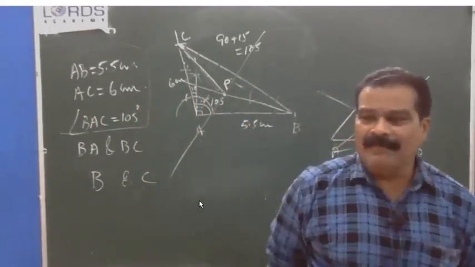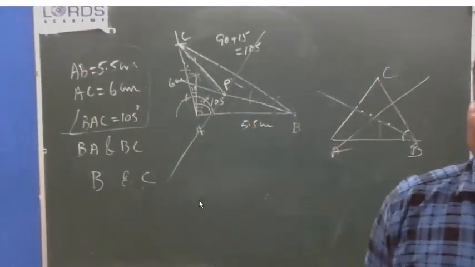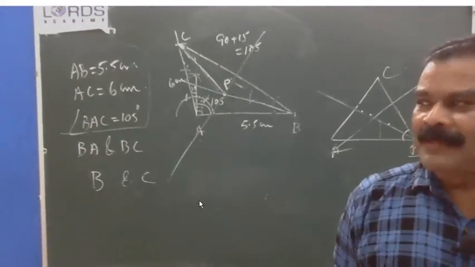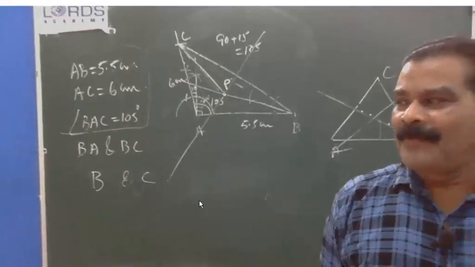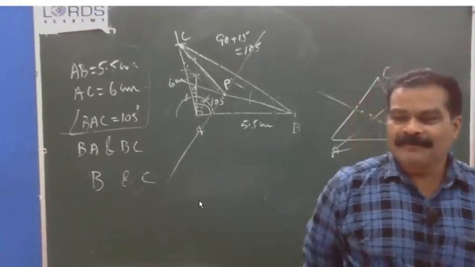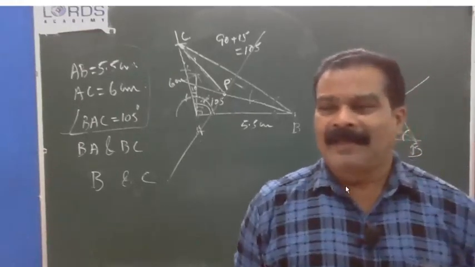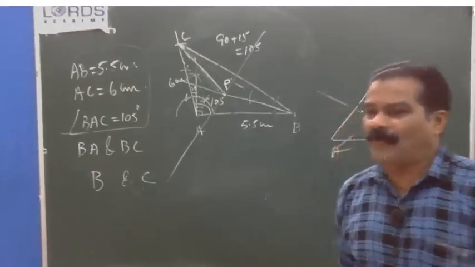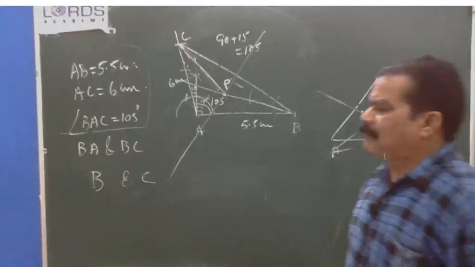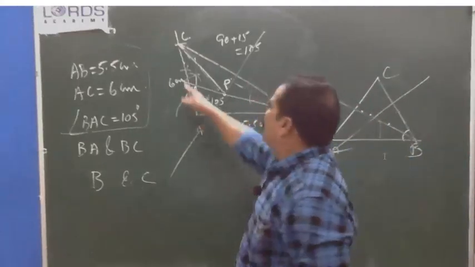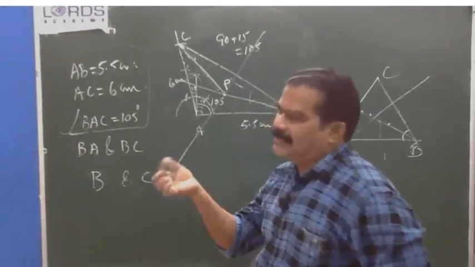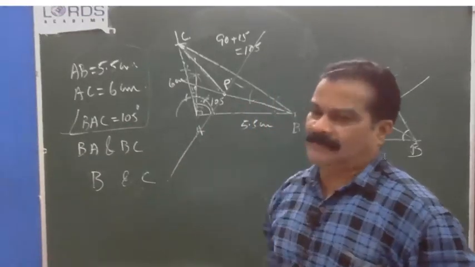The boys, anyone please tell me. 4.9 is the correct answer. 4.9 or 4.8 you will get. That also, 5.4 also, is a correct answer, because when we measure the sides of this triangle, a slight change may come there. Don't worry about that.